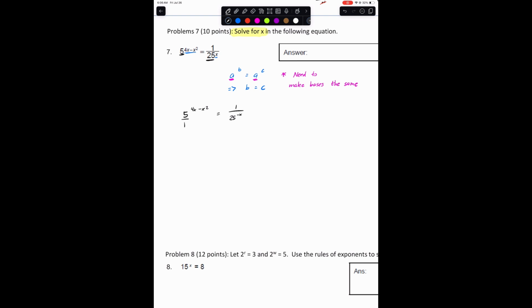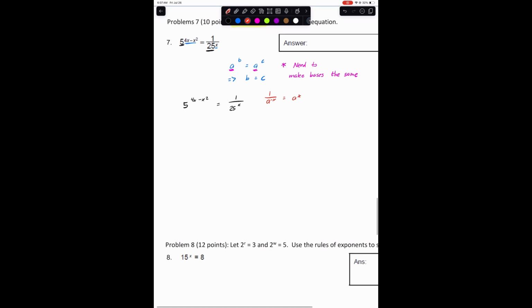But this is in the numerator, and this is in the denominator, so this is not going to work. I need to force this 25 into the numerator. The easiest way for me to do that is to use the law where 1 over a to the -x is a to the x.